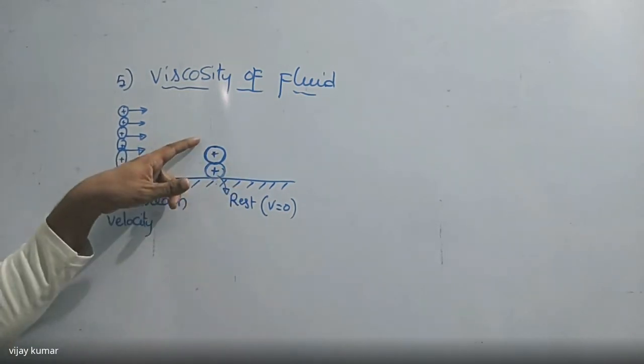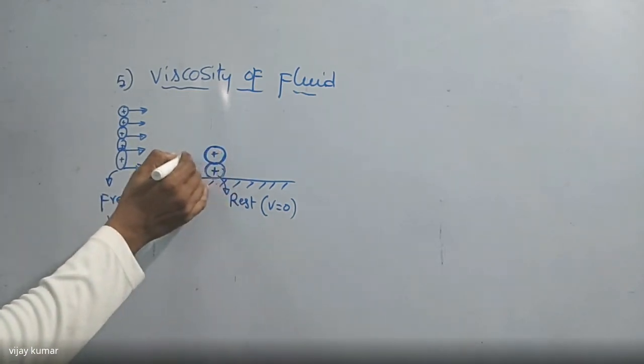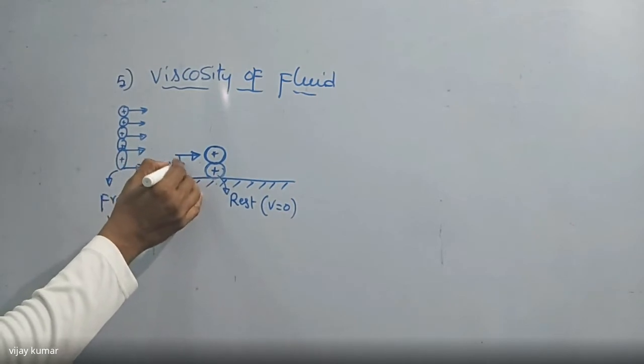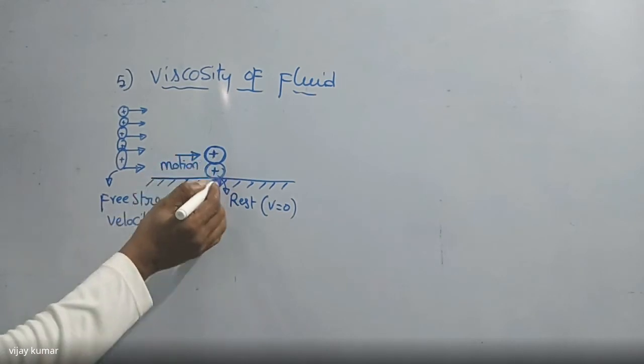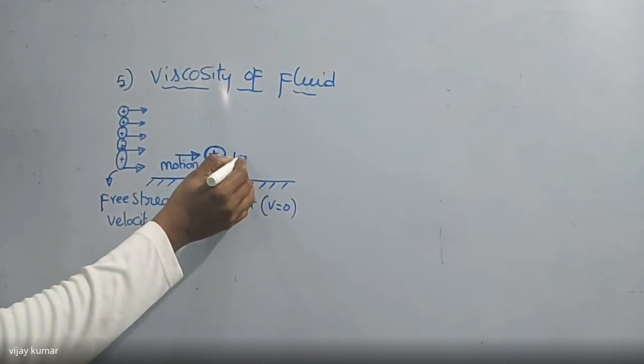But since it is in contact with the particle below, it is under motion. Are you getting my point? So of these two particles, one is at rest, one is in motion. The bottom one has velocity zero, and this one has 1 meter per second velocity.